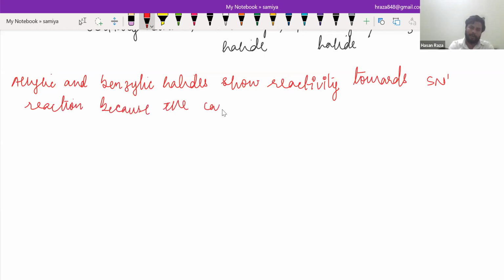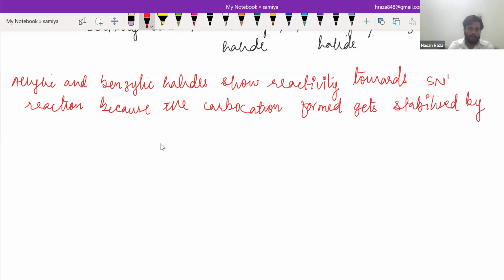the carbocation formed gets stabilized by resonance.